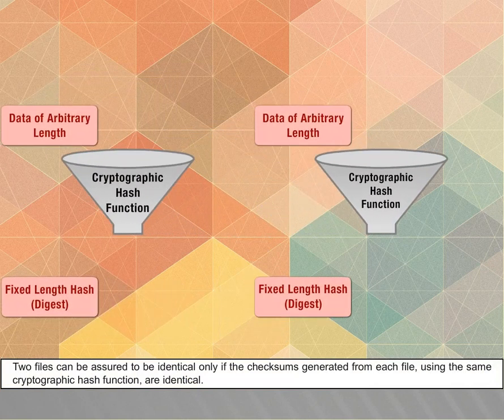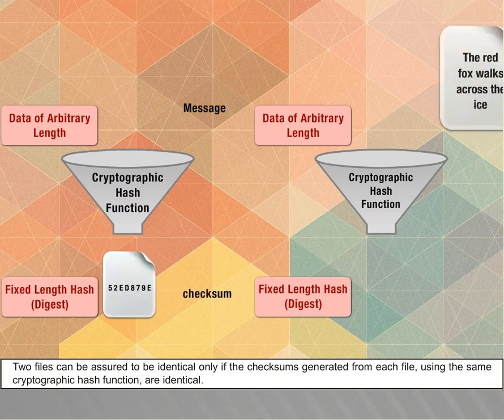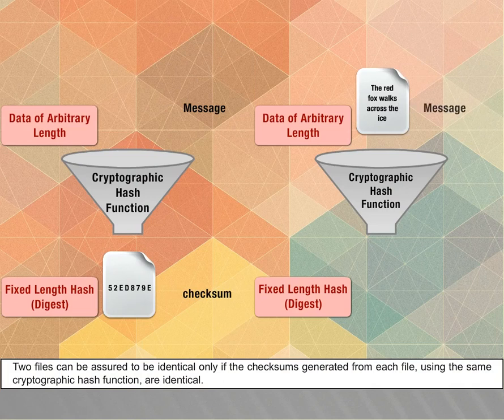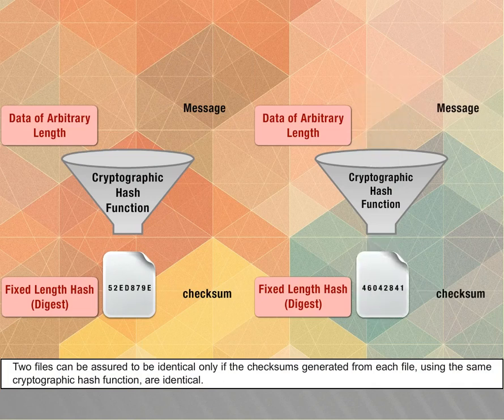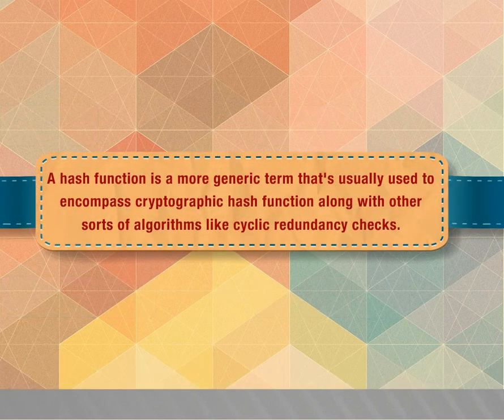Two files can be assured to be identical only if the checksums generated from each file using the same cryptographic hash function are identical. A hash function is a more generic term that is usually used to encompass cryptographic hash functions along with other sorts of algorithms like cyclic redundancy checks.